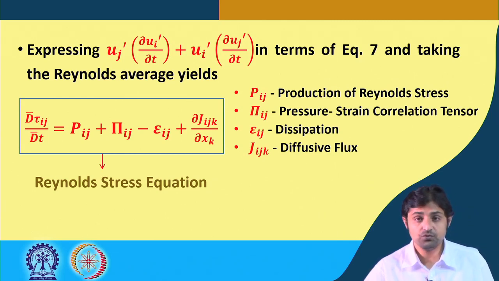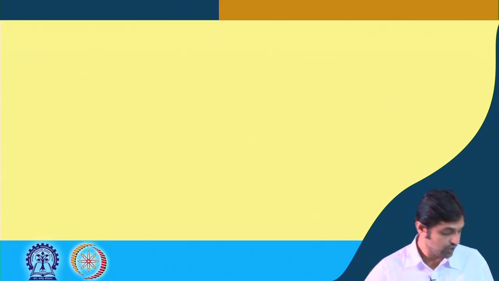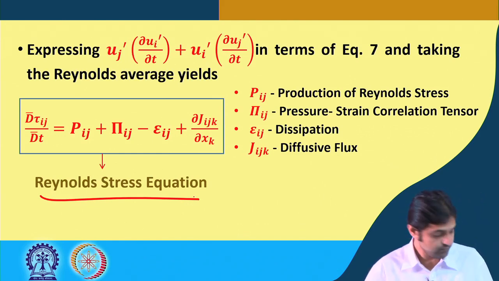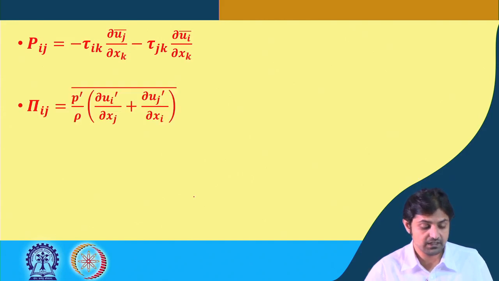I have shown you the methods of how to get one equation from the other, but the details are not in your course curriculum. This is the Reynolds stress equation.